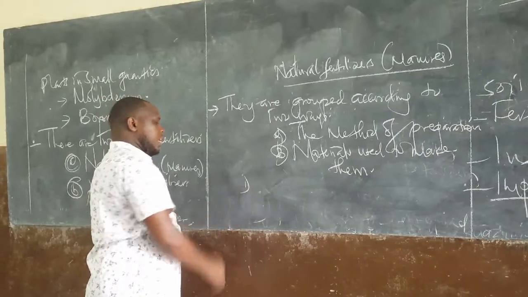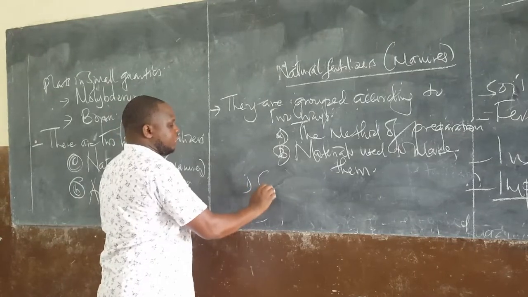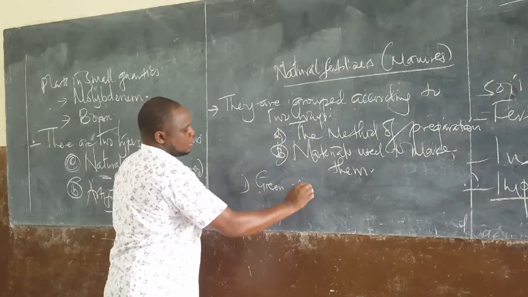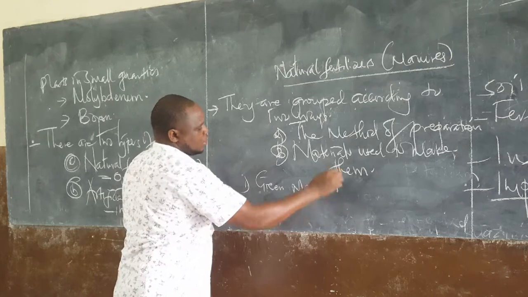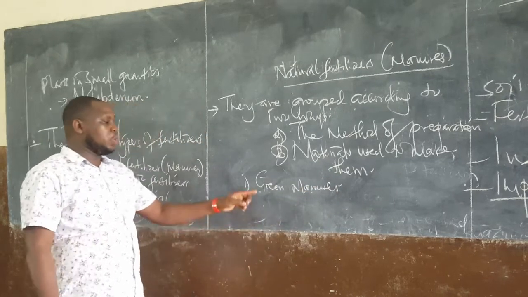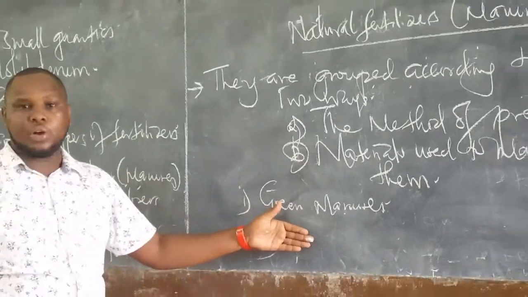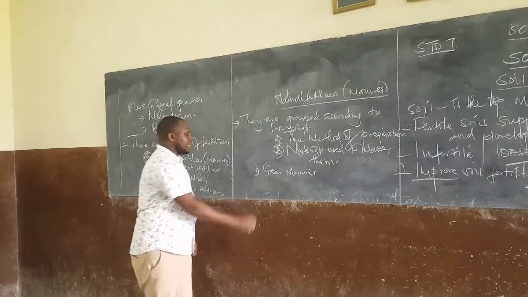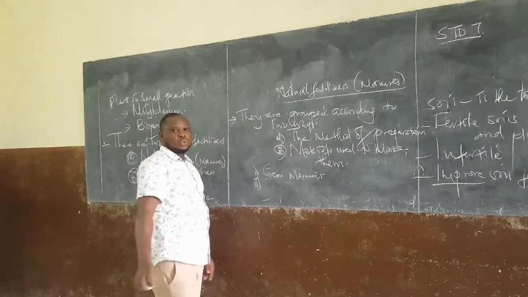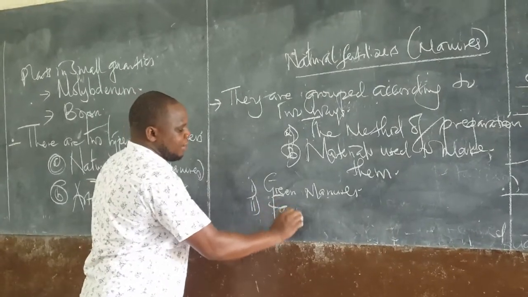Number one, natural fertilizer is what we call green manures. From the word green, this is the material. So we are going to know what they are. Category number two, we have what we call farmyard manure.